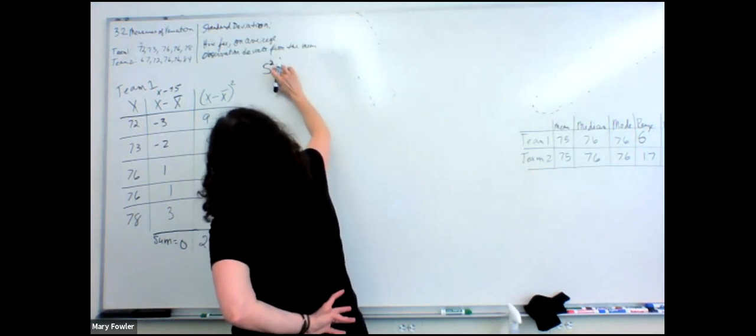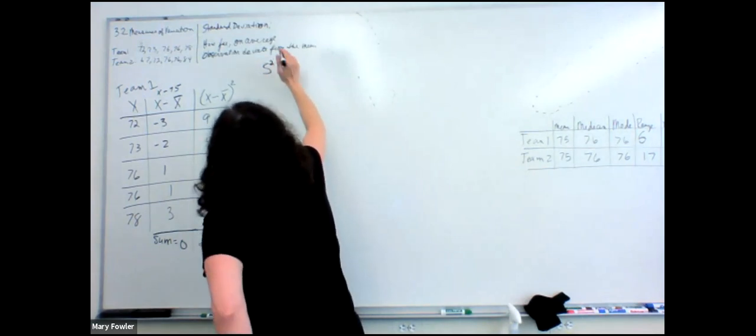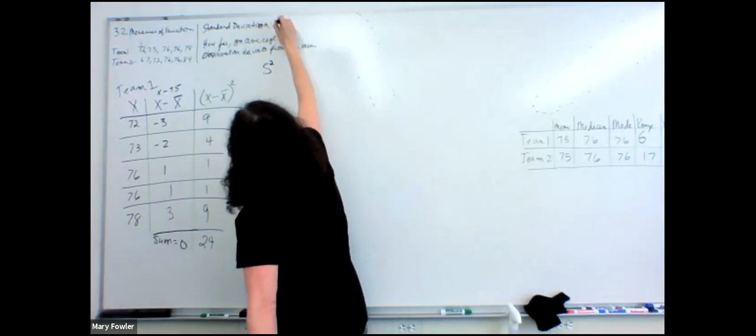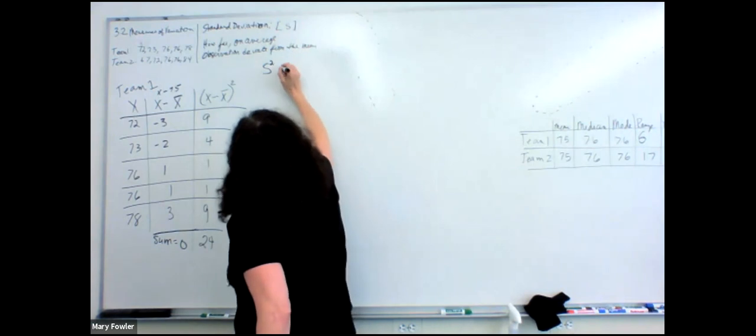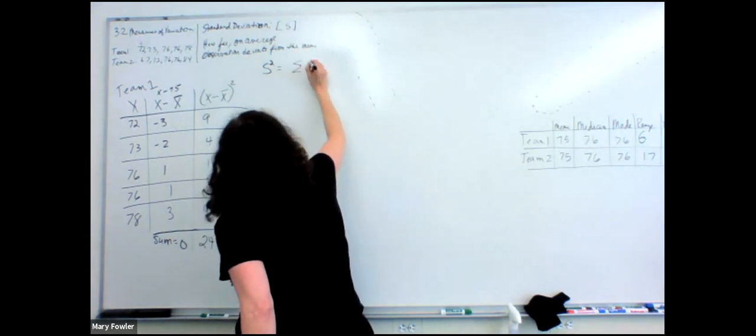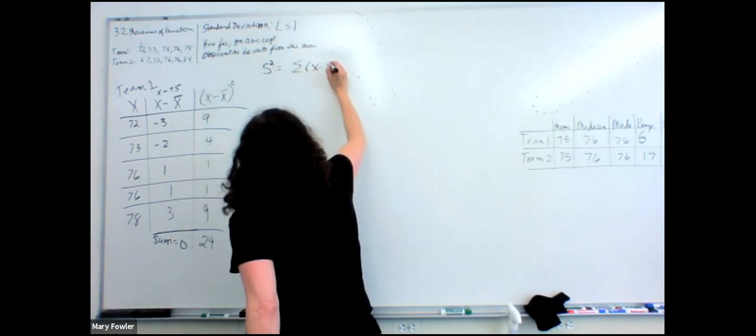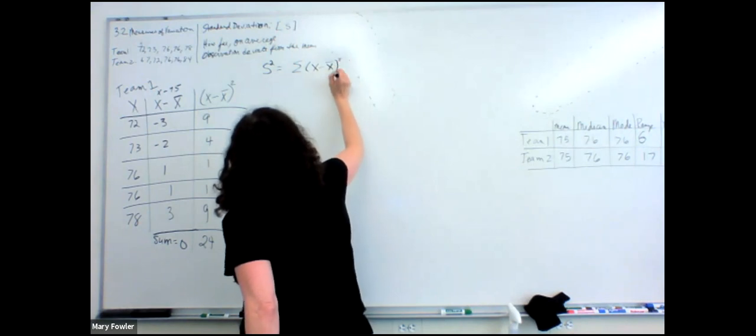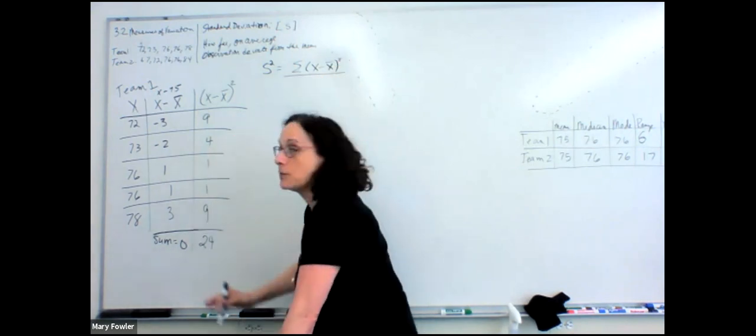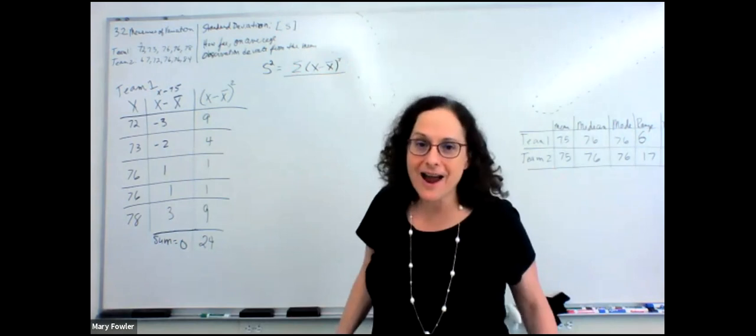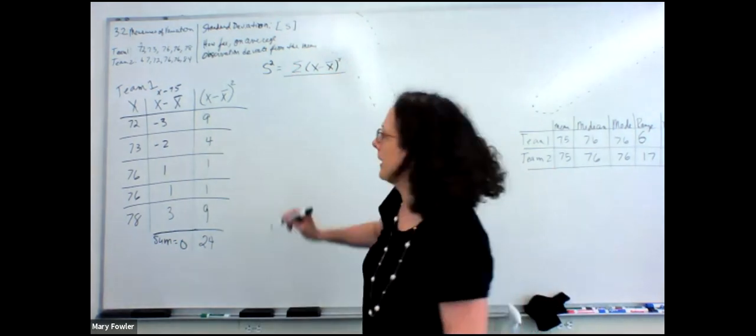We'll start with its square. S is going to be standard deviation. The notation for the sample standard deviation is S, okay? S squared is equal to the sum, x minus x bar squared, divided by, I know we want to divide it by n because it's an average, but we're going to divide it by n minus 1.